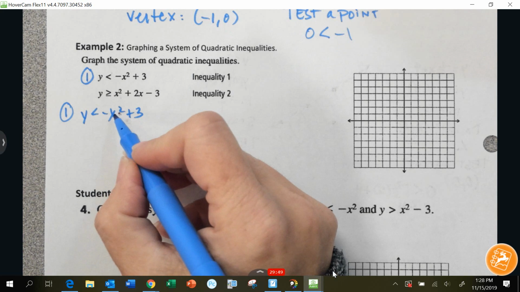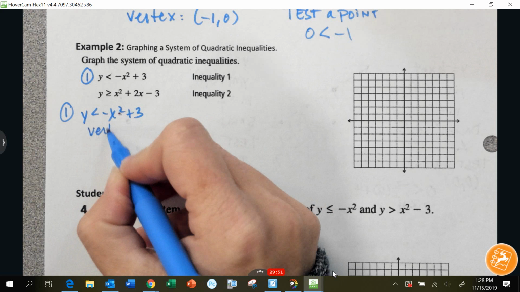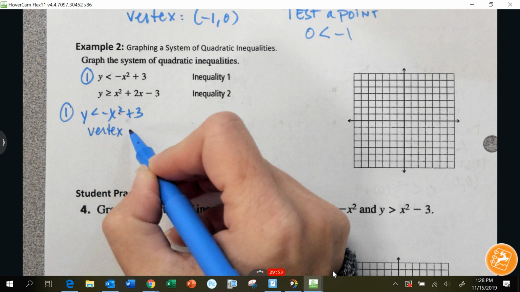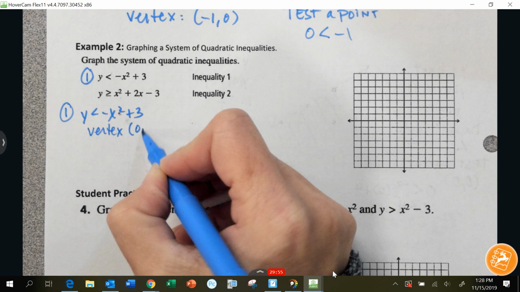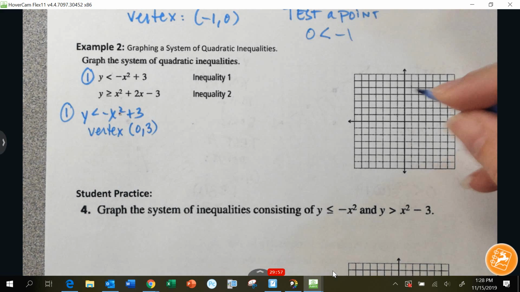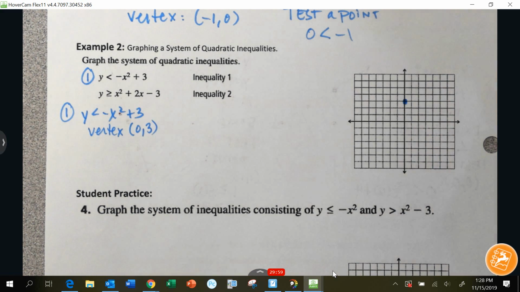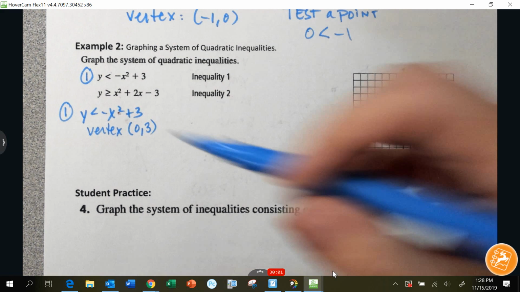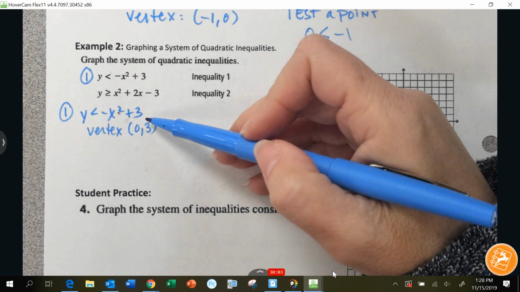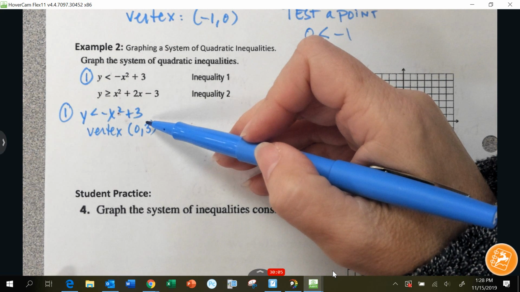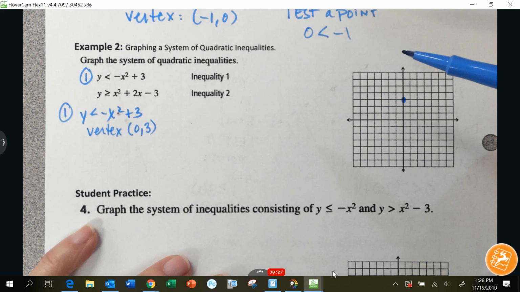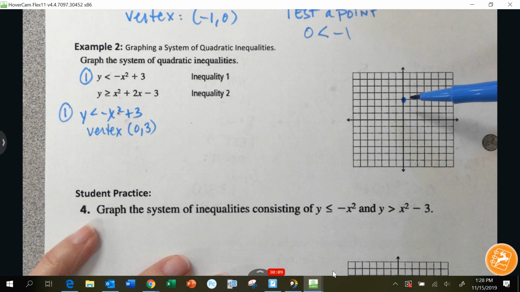Well, vertex form tells me that the vertex is at 0, 3. Vertex form is also transformation form, so I could just use transformations to graph this. So I know it starts up at 3, and I also know what about the graph?